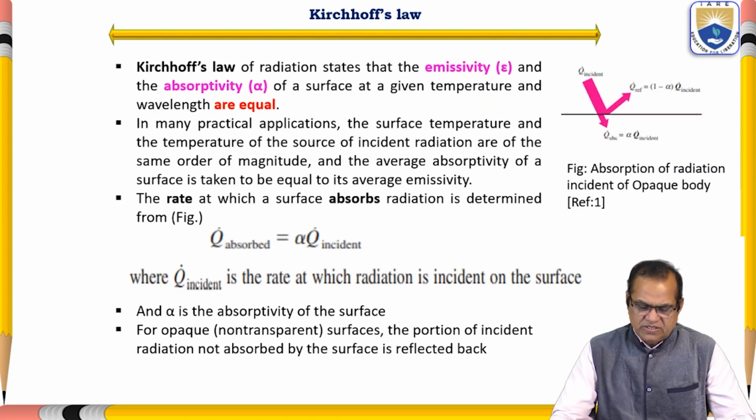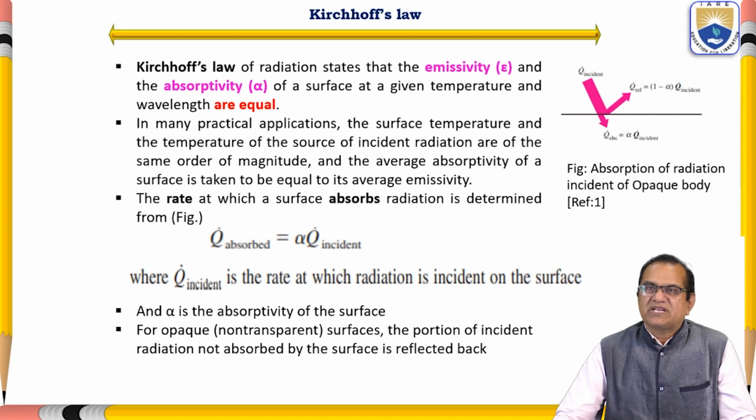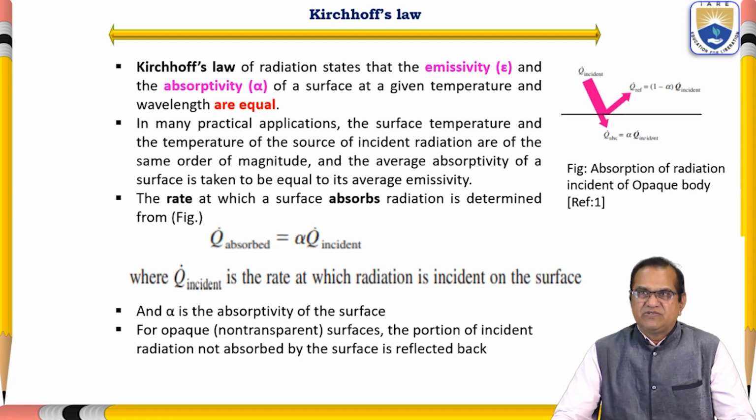So next there is a law which describes the emissivity and the absorptivity of the system, and that law is Kirchhoff's law. Kirchhoff has described how much can be emitted and how much can be absorbed.